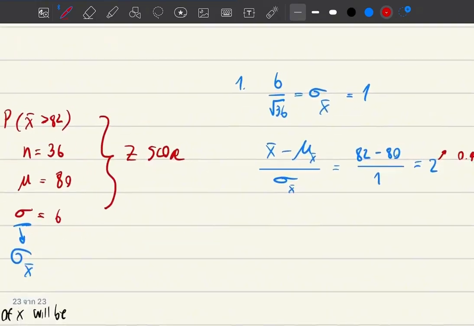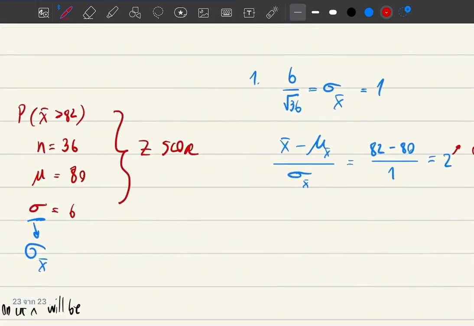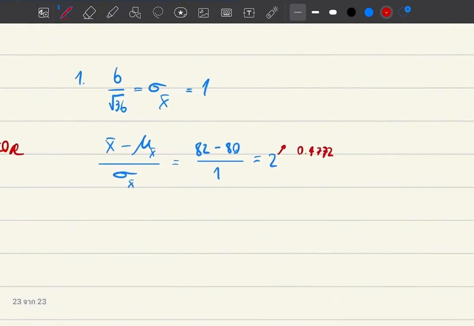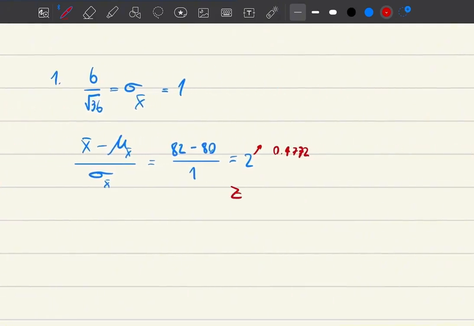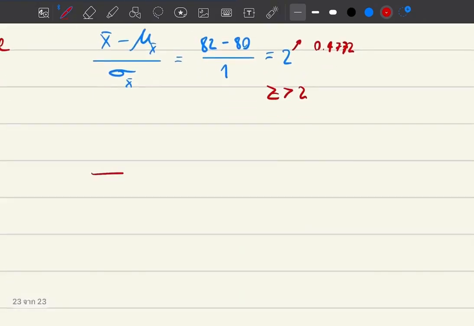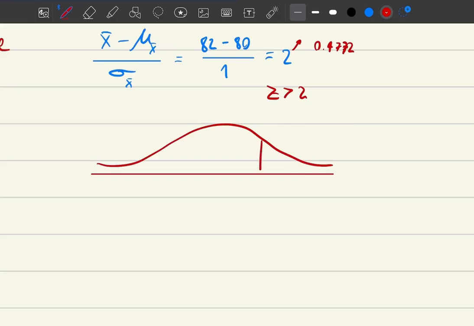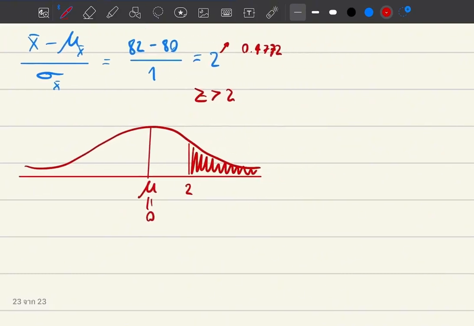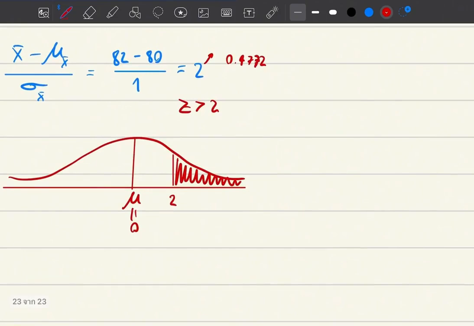When I say P of x bar more than 82, it means that z is more than 2. So it's going to be this part on the curve. This one is 2. It's going to be this part. As we learned from the last video, mu is equal to 0, and from here to here is equal to 0.5.